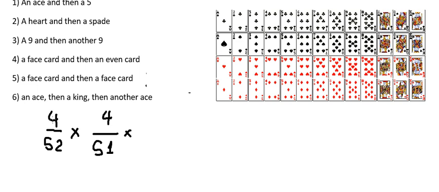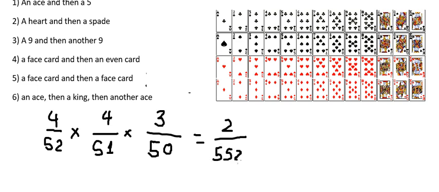So we select 1 out of 4 in here, now we just have only 3 left. And the last one, that is 50. So we calculate this one, and you got 2 over 5,525. This is the end.